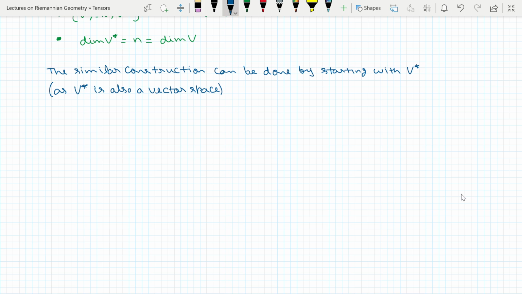So earlier we started with the vector space V and formed V star. Now we are starting with V star. So now what will be our set? This will be V star star.